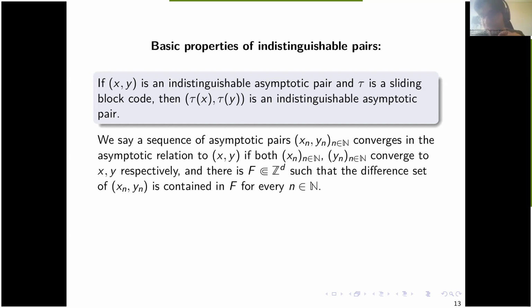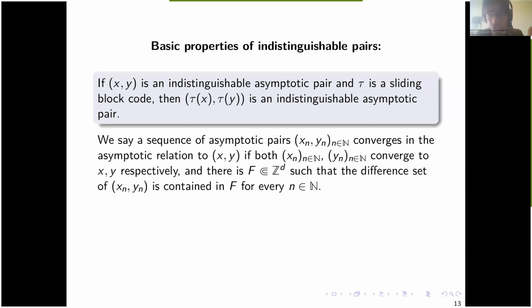So this property is preserved by applying sliding block codes. Moreover, it's stable under limits if I take my limits in a very precise manner. I'm going to say that a sequence of asymptotic pairs converges in the asymptotic relation to an asymptotic pair X, Y if both sequences of configurations converge to X and Y, and also if the difference set is contained in some finite subset of Z^d for large enough m.